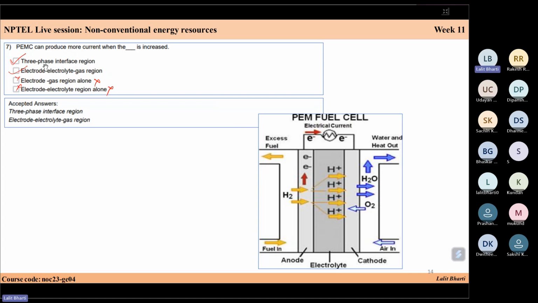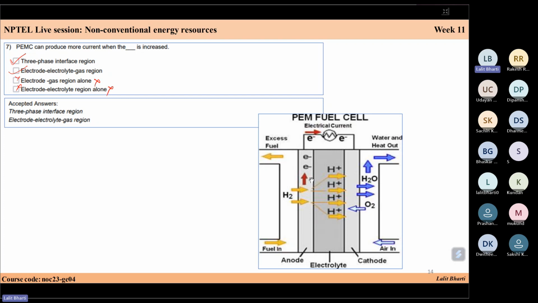The options are: three-phase interface region, electrode electrolyte gas region, electrode gas region alone, and electrode electrolyte region alone. So we have the anode and cathode here. These are electrodes. Then we have the electrolyte, and these are the gas. So this is the gas region, this is the electrode region. The third option says electrode gas region, and the fourth option says electrode electrolyte region.